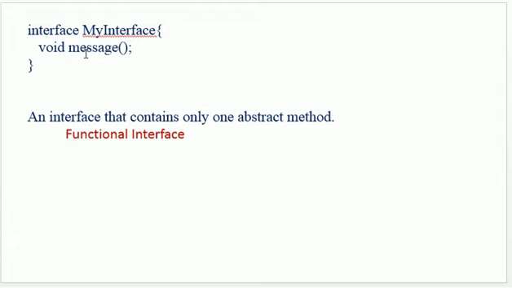This is important because if I want to write a lambda expression, I can write it corresponding to a functional interface only. So a functional interface has only a single method, and the method has to be abstract because we are working with interfaces.